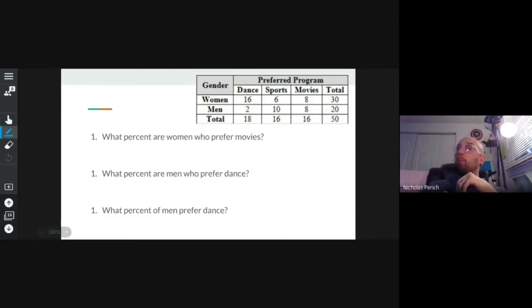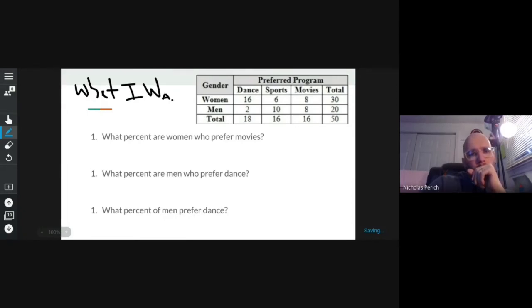And I want to figure out percents now. What percent are women who prefer movies? So I have a total of 50 people. Whenever you do a percent, percent is always going to be what I want divided by my total.